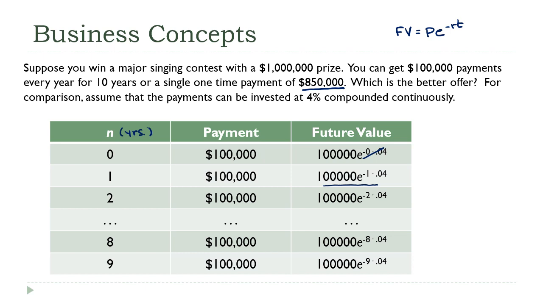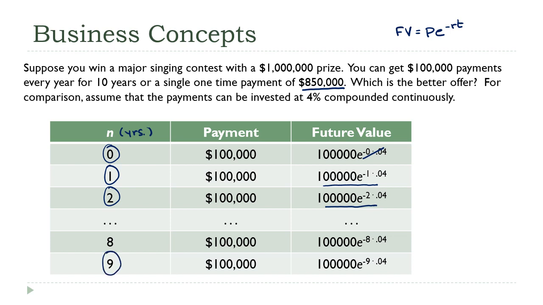At the beginning of year two, I get $100,000, and this would be its present value, and so on. You notice I only went to 9, right? I did not go to 10 because I get the first payment in year 0. I get the second payment at the end of year 1, the third payment at the end of year 2, and so on.